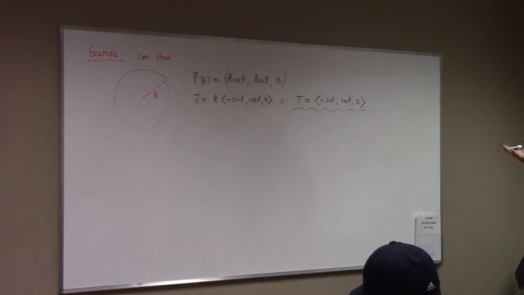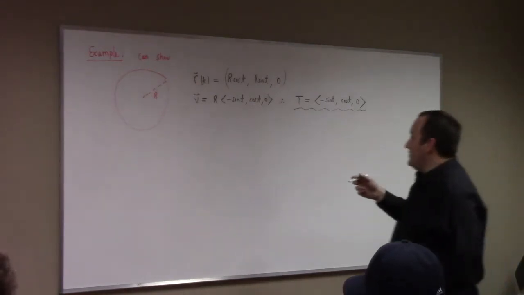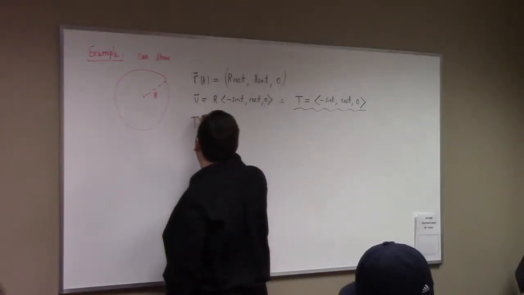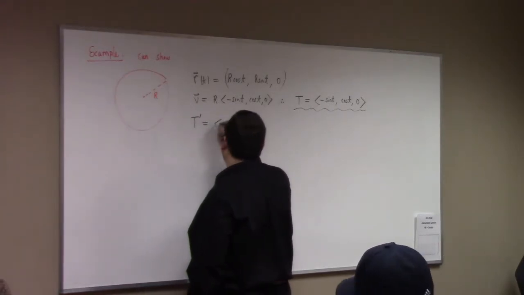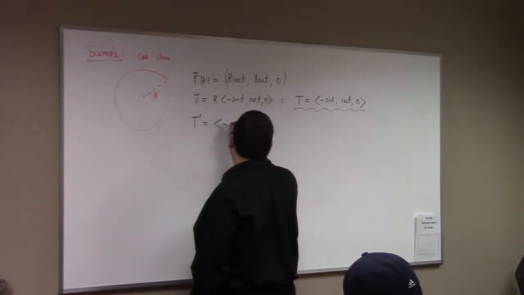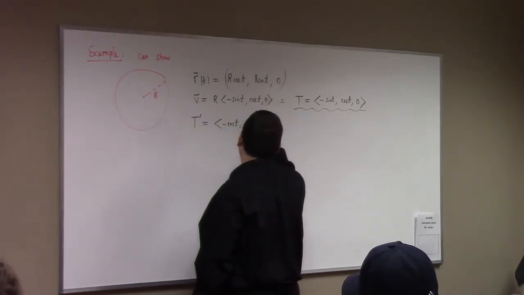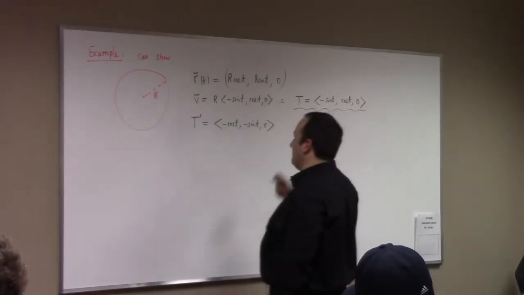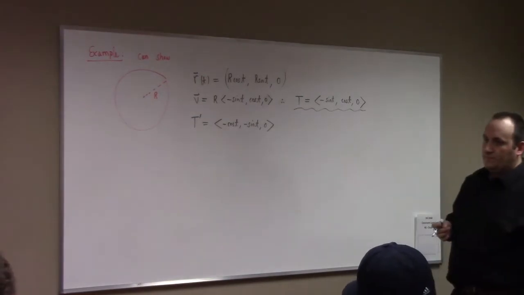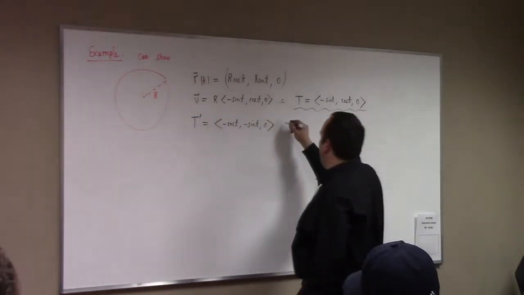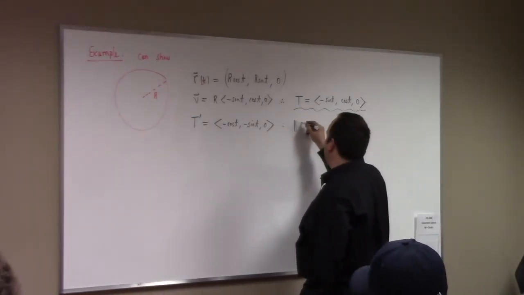Anyway, so this is the unit tangent. And then to T prime, what's T prime? T prime is minus cosine t, minus sine t, 0, right? So what does that say the magnitude of T prime is here?